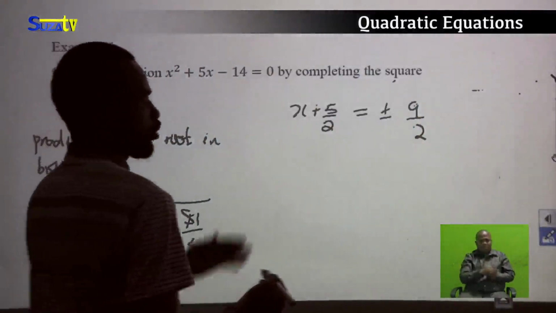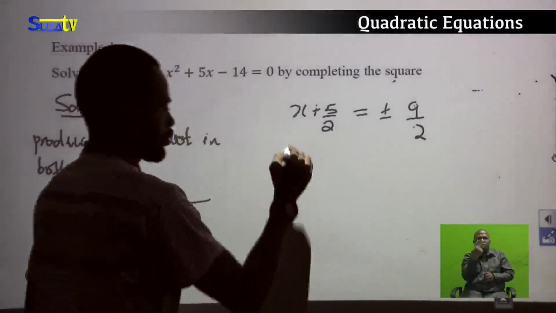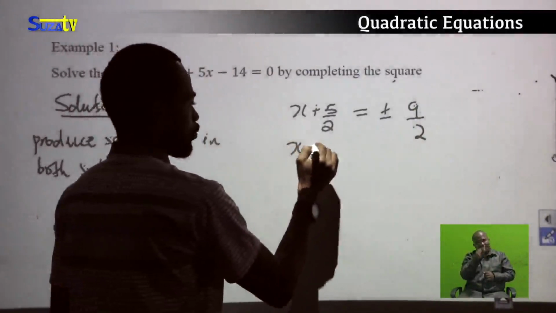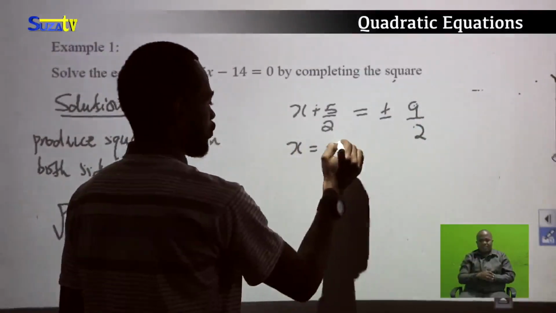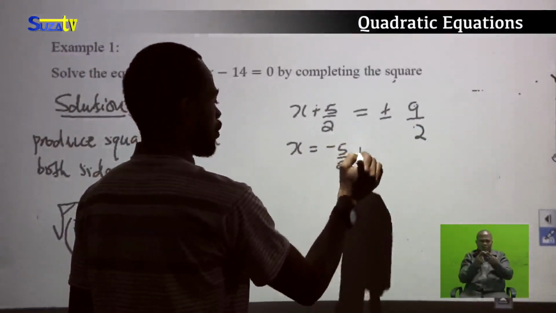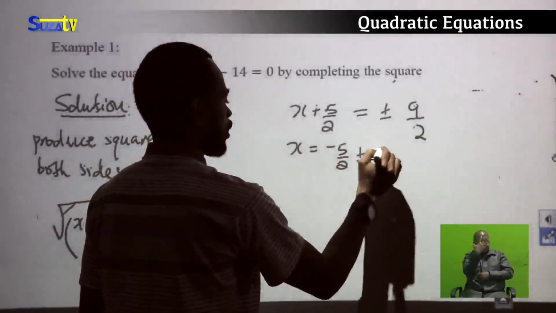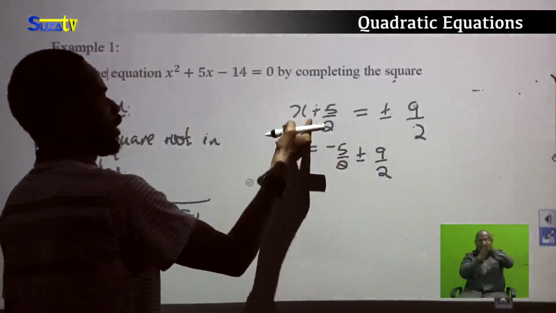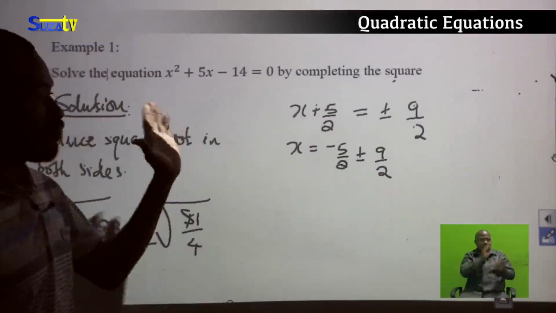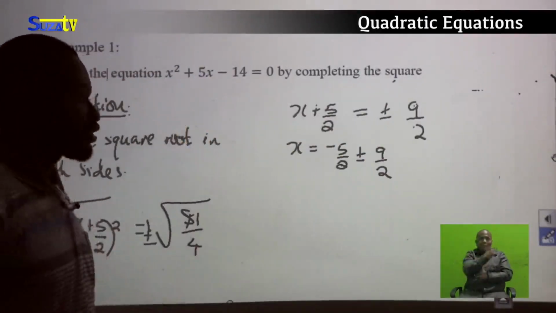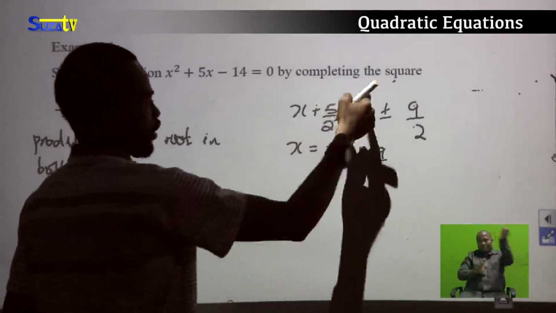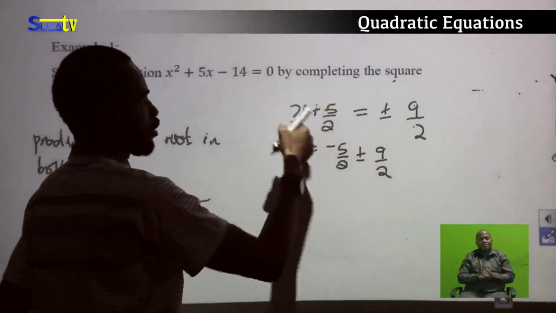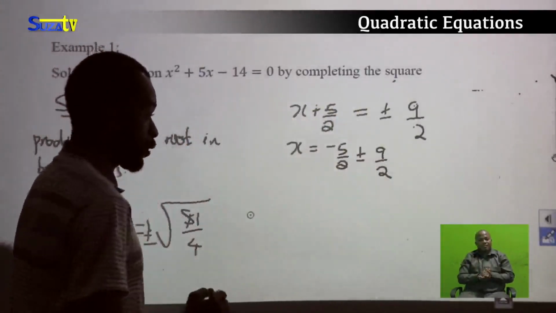So what we need is only x. So x is equal to minus 5 over 2 plus or minus 9 over 2. To get x alone, we take away 5 over 2 on both sides, and it remains x plus 0, which is x.